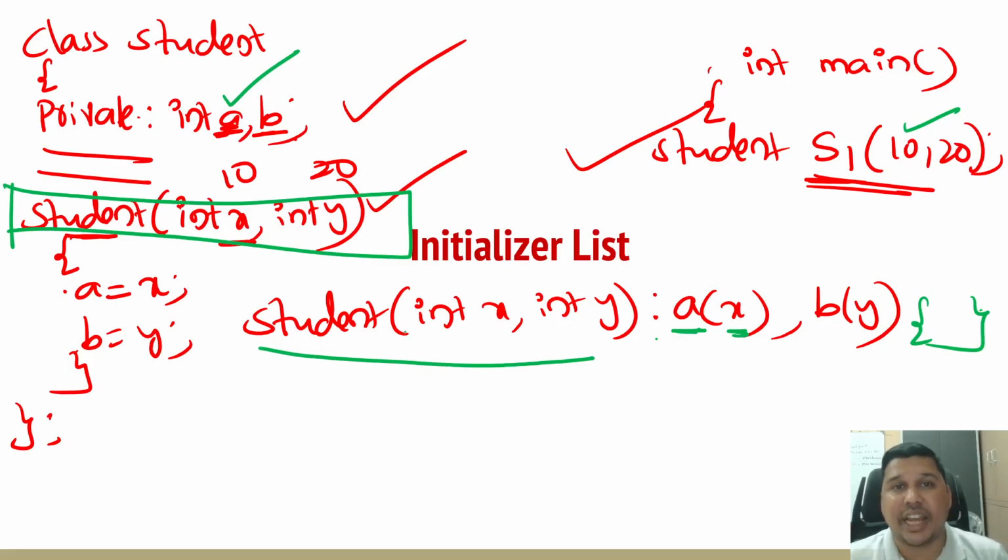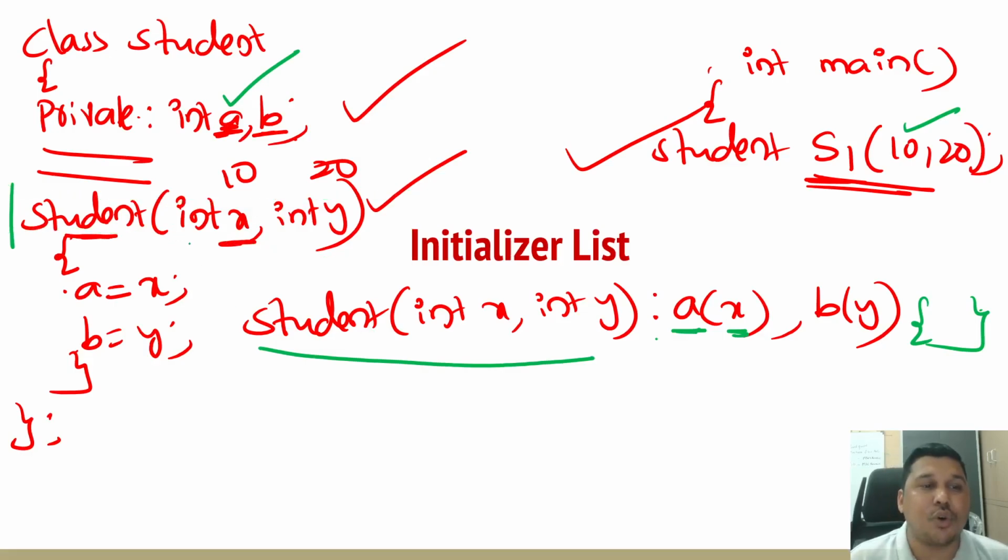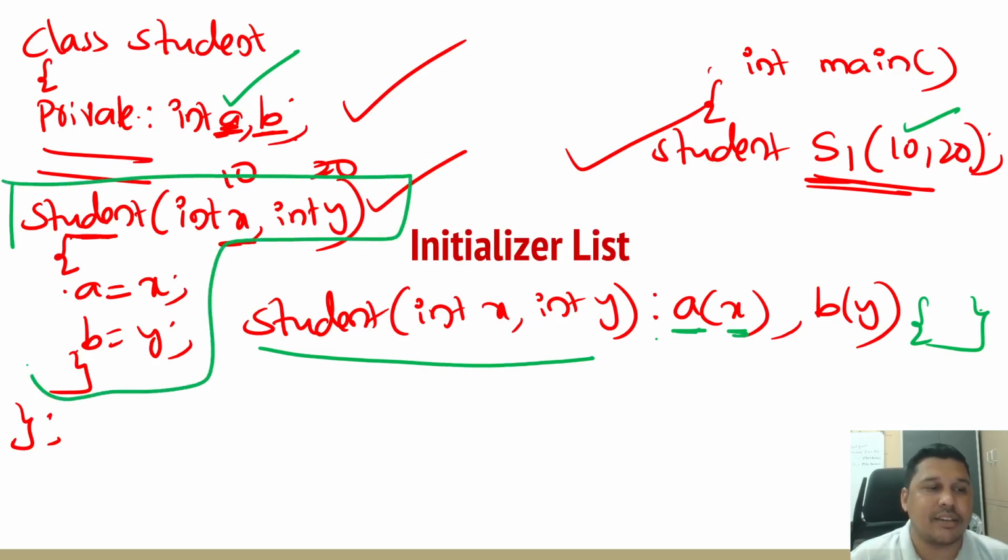This is another way of initializing. Instead of writing this line, Student int x, comma, int y, open curly bracket, a equal to x, b equal to y, we can do it this way also. Student int x, comma, int y, colon.